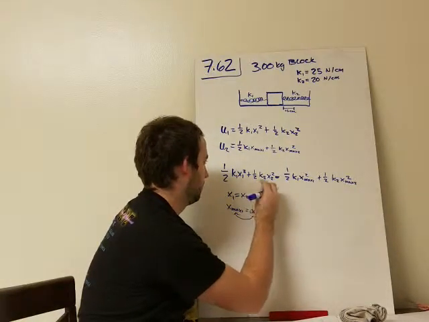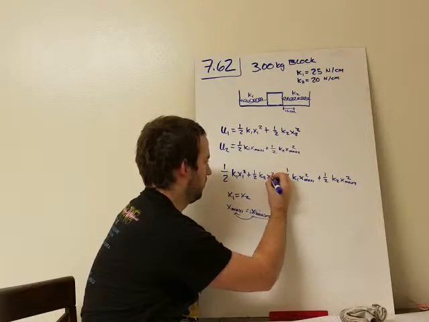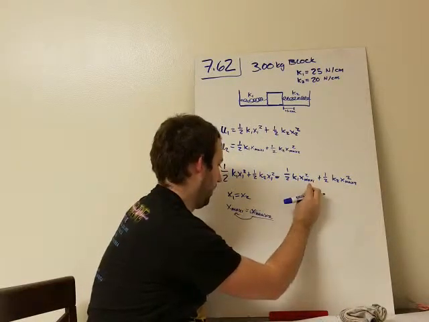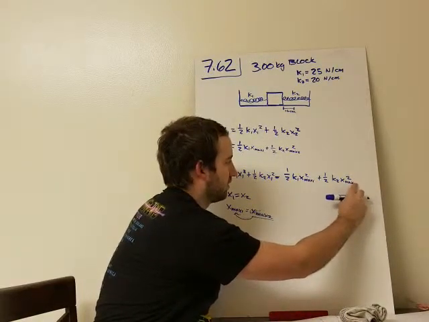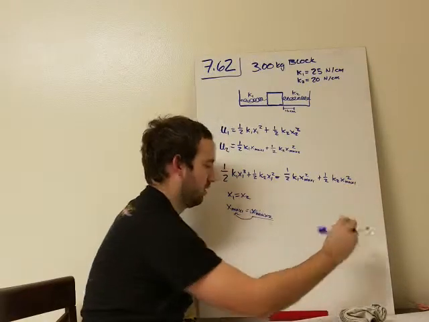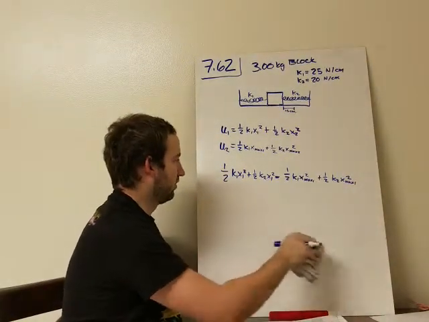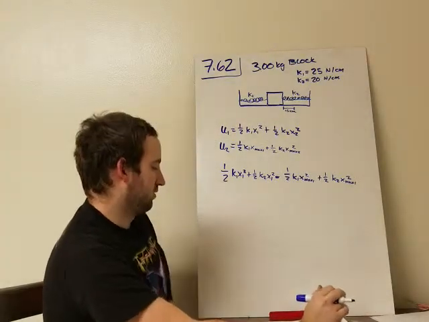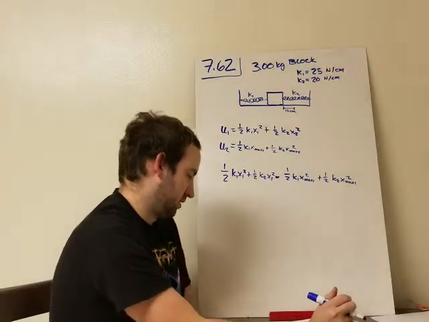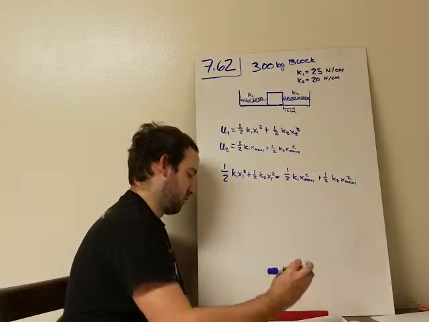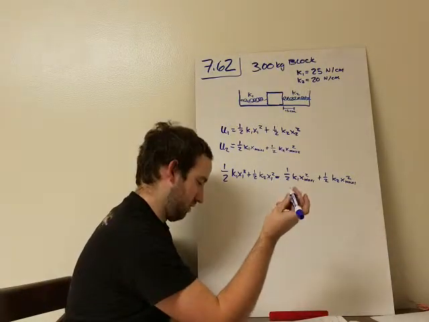So that means x2 is going to be x1 and x max 2 is going to be x max 1. So that helps us get rid of a couple of our variables. And then now all we do is solve it for the x max 1.